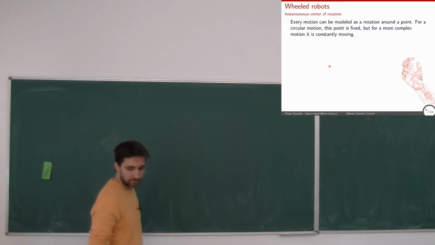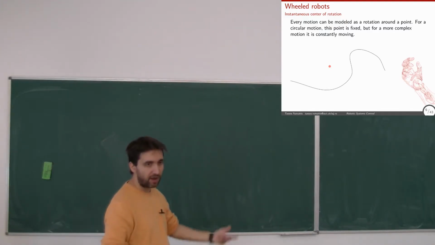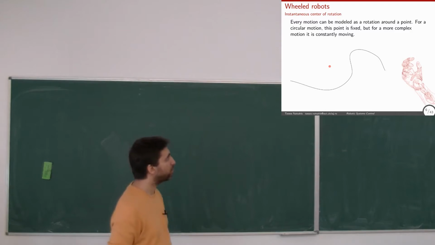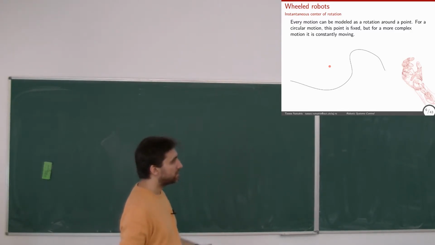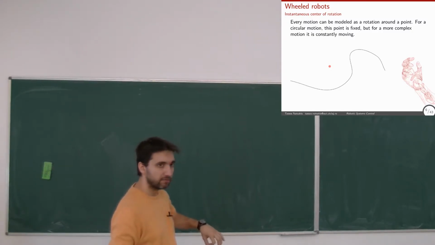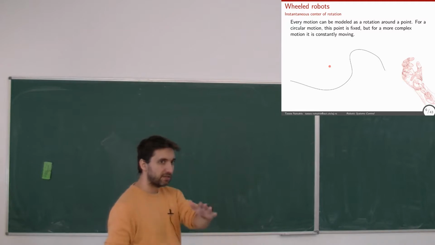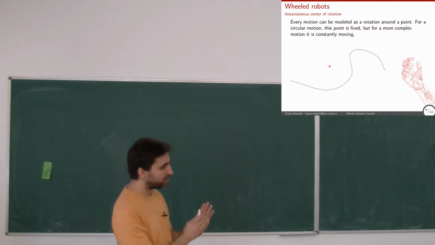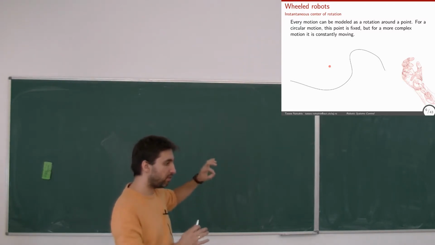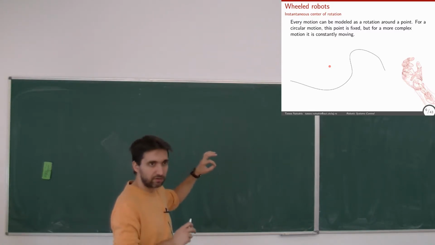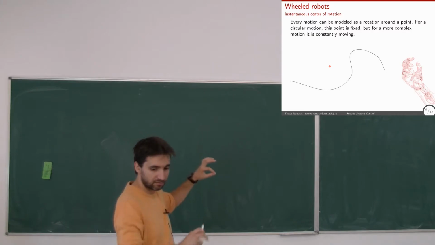So, just to help you visualize this, let's say we have this path, this motion. We can model it as a constant rotation around a point, but that point is changing. At every instant, I'm rotating around a point, and I call that point the instantaneous center of rotation, or ICR. Okay?